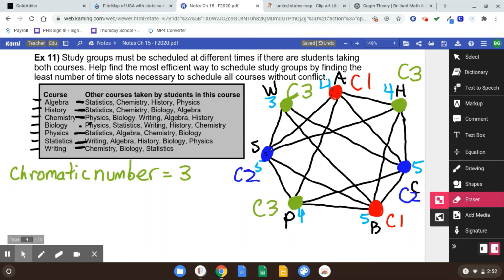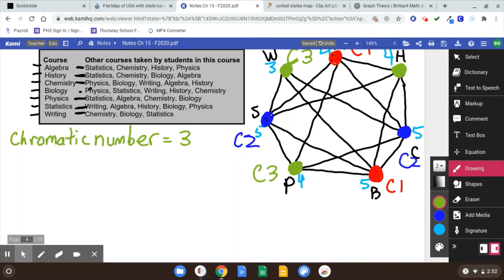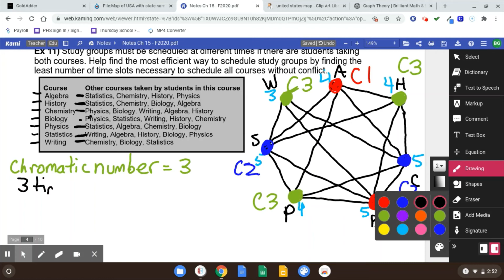If I was making a map, I would need 3 colors. I'm not making a map. I'm trying to schedule study groups. And so I need 3 time slots, 3 groups. That's what that chromatic number of 3 tells me.